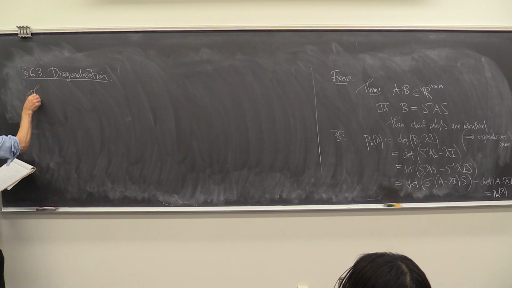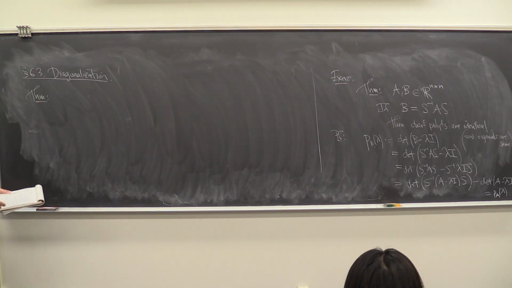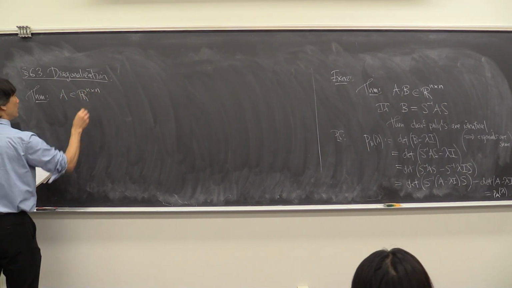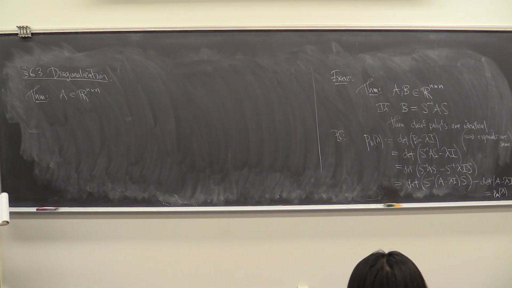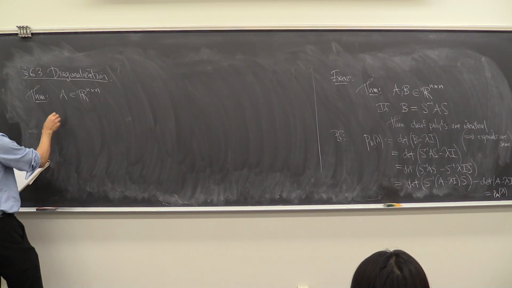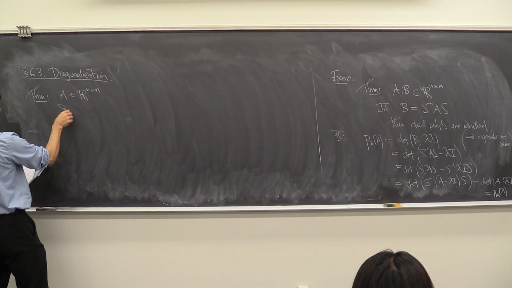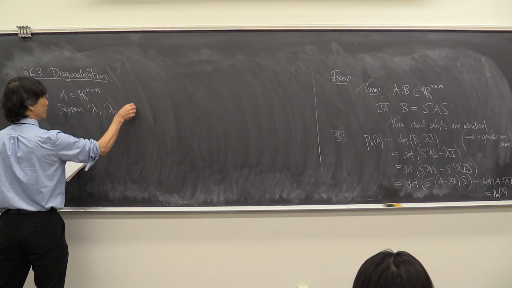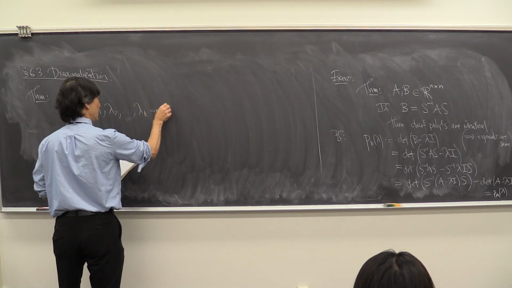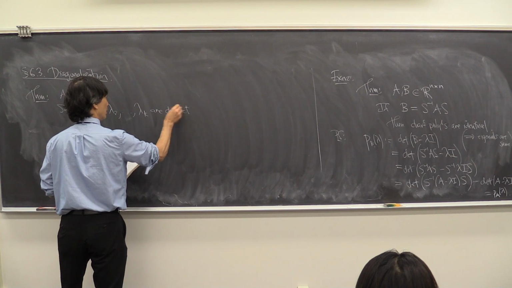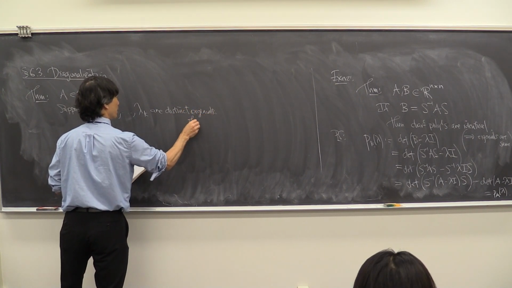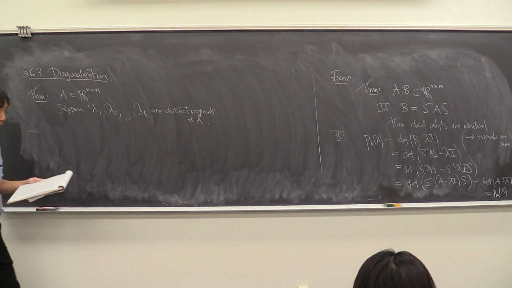Okay, so diagonalization. We're going to start off with the following. If you have an n by n matrix, and suppose that lambda 1, lambda 2 to lambda k are distinct eigenvalues of A. So none of these are equal to each other.